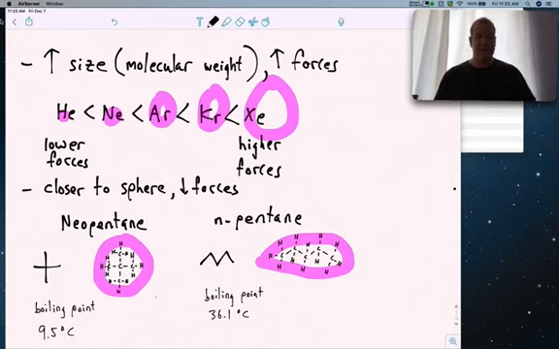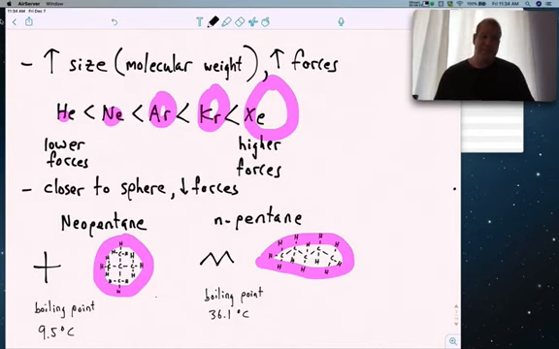And you can see here with neopentane and normal pentane, or N-pentane. Normal pentane is a flat, straight molecule. Neopentane is a pretty spherical molecule. It's kind of tetrahedral, but the methyl groups make it pretty spherical-like. The boiling point of neopentane is 9.5 degrees Celsius, and normal pentane's boiling point is 36.1 degrees Celsius.